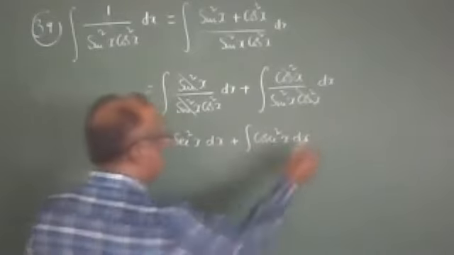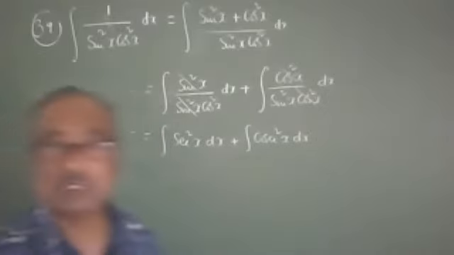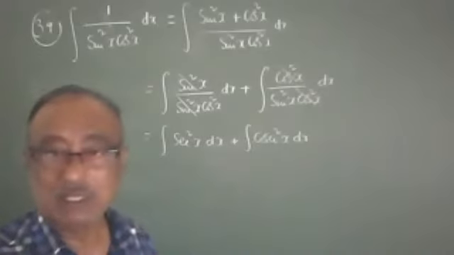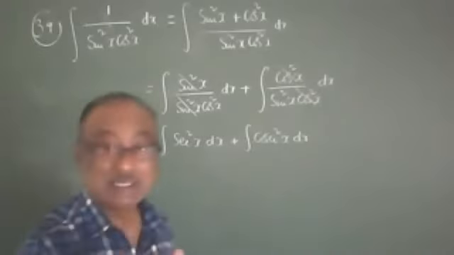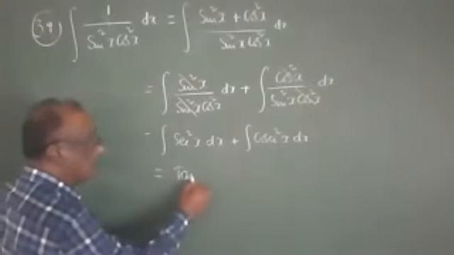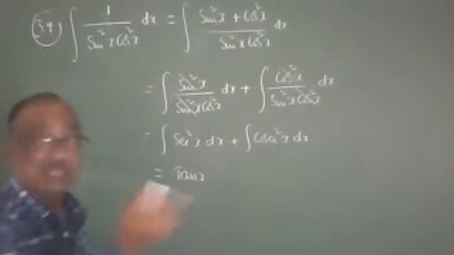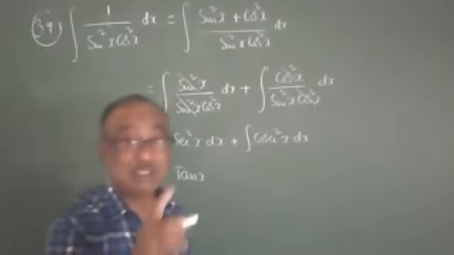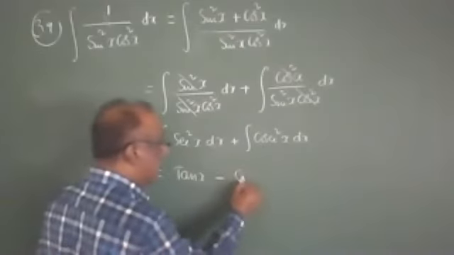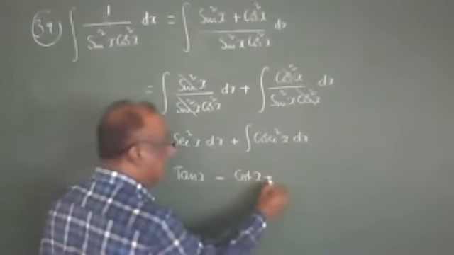Secant square x integration is tan x. Cosecant square x integration is minus cot x. So tan x minus cot x plus C is the required answer.